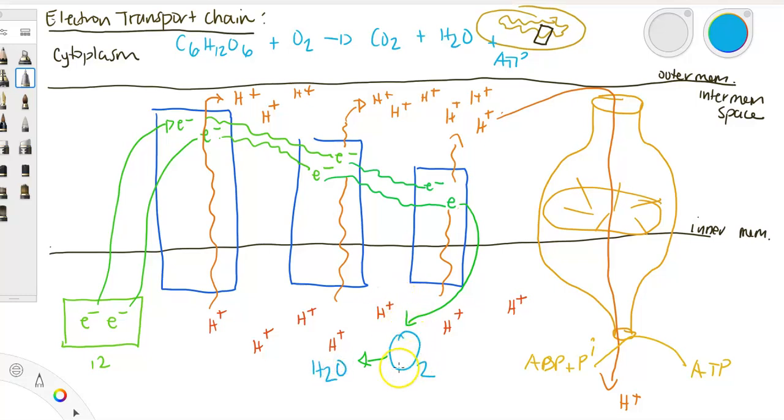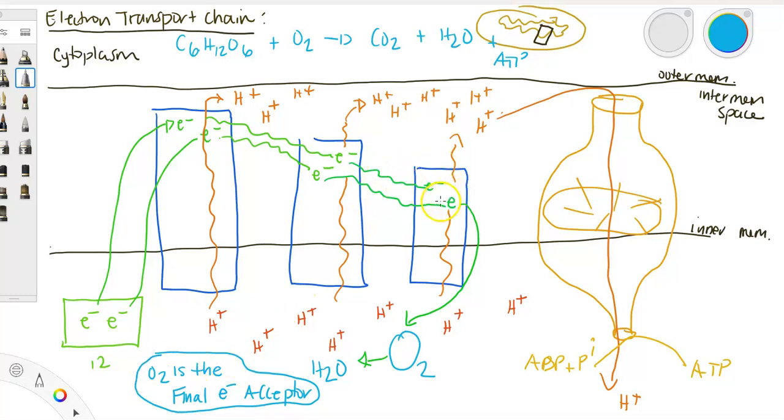So in this situation, we call oxygen the final electron acceptor.